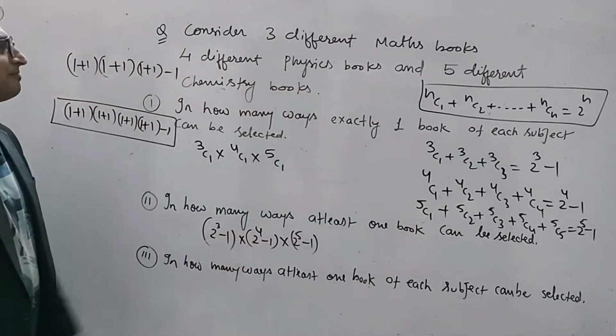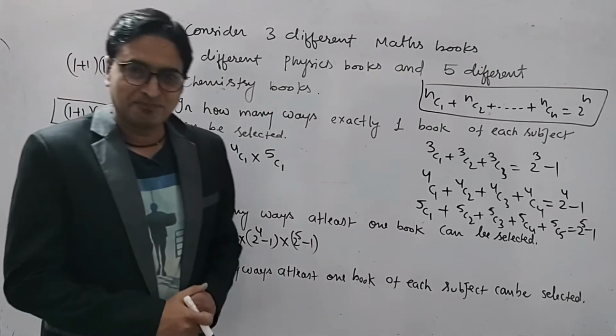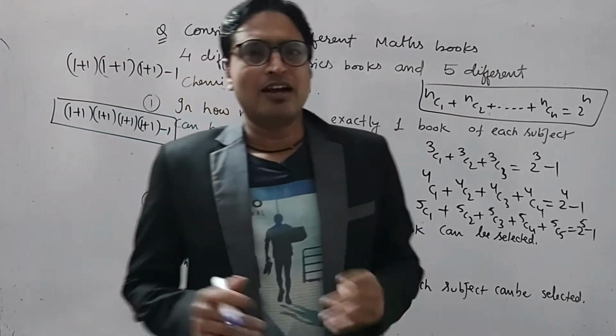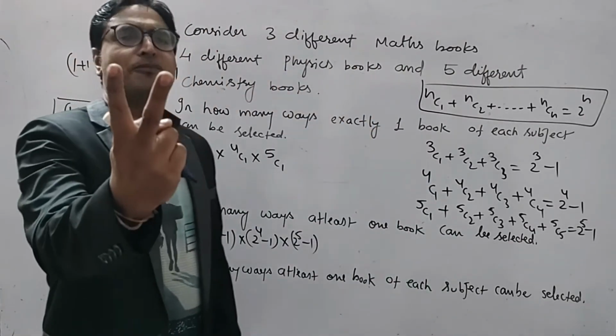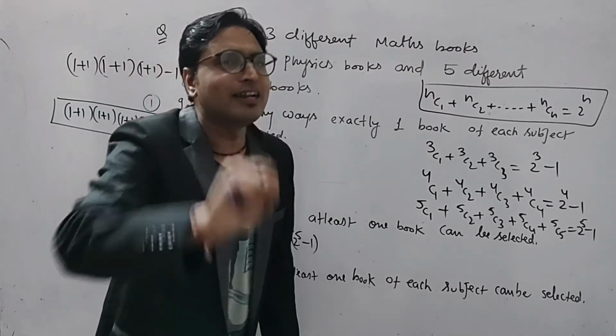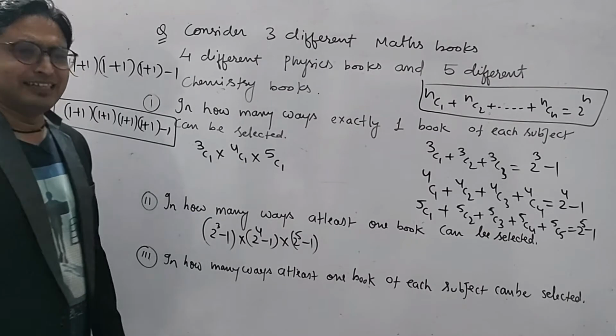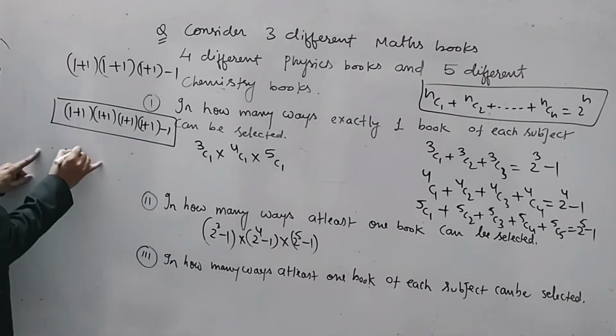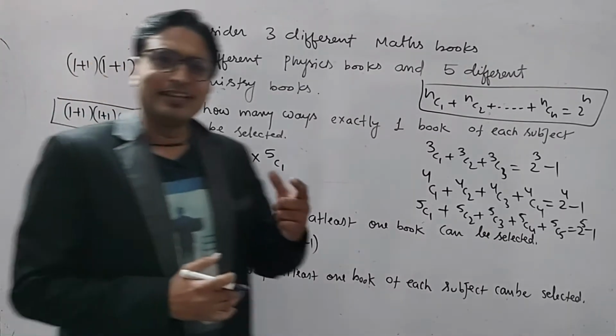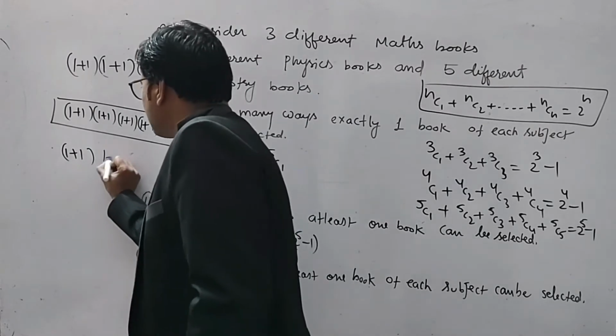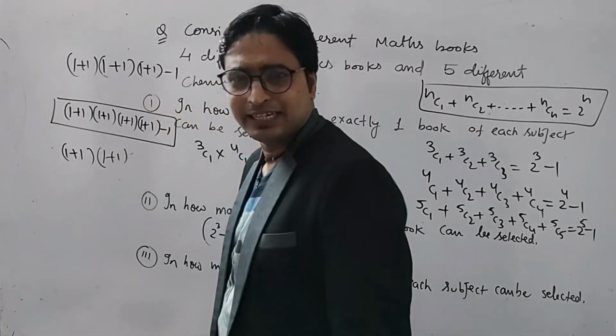Now for chemistry. For chemistry again, for each book we have two options, one for selection, one for rejection. So the case of chemistry you can understand easily: first book, one for selection, one for rejection. Second book, again select, reject.